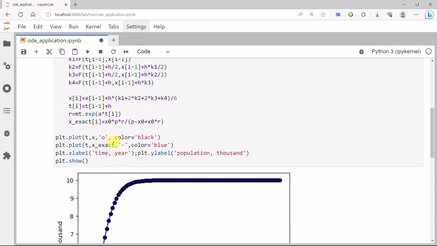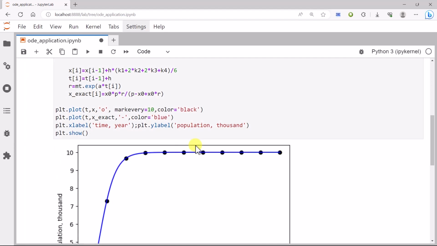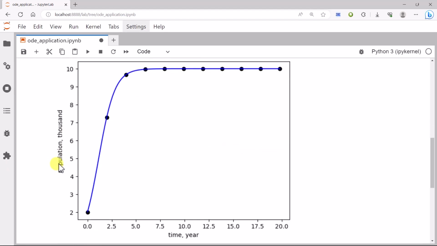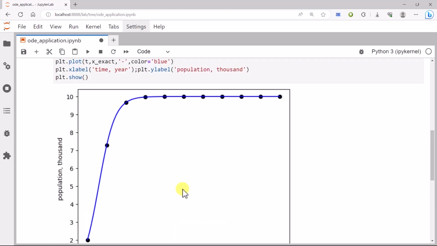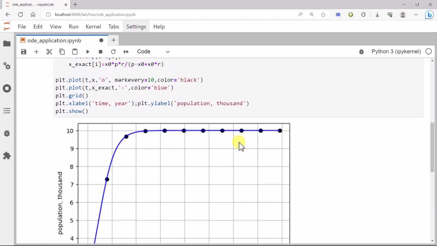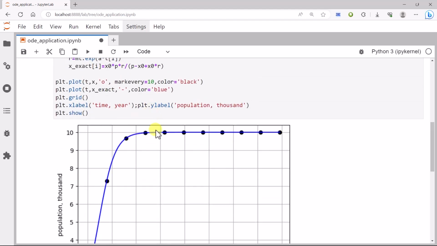Maybe we can remove some of these black dots, and okay, now it's much clearer. You can see that this is my population and this is the year. Let me put the grid here. Now with the grid you can see that it is hitting the maximum, that is 10,000.